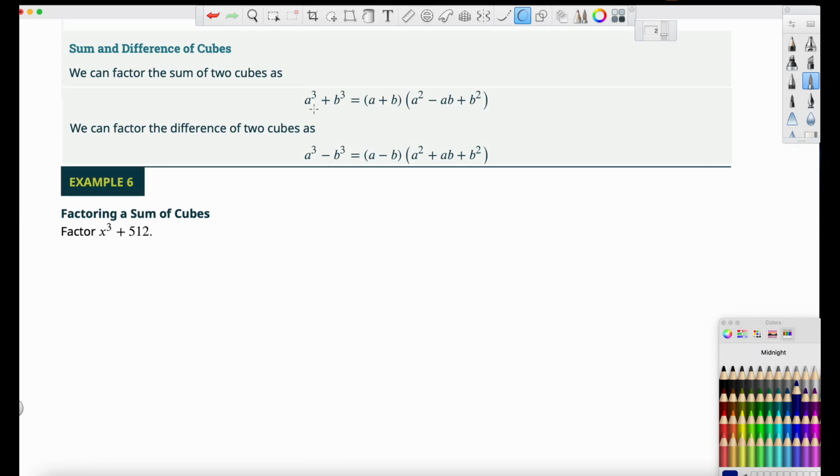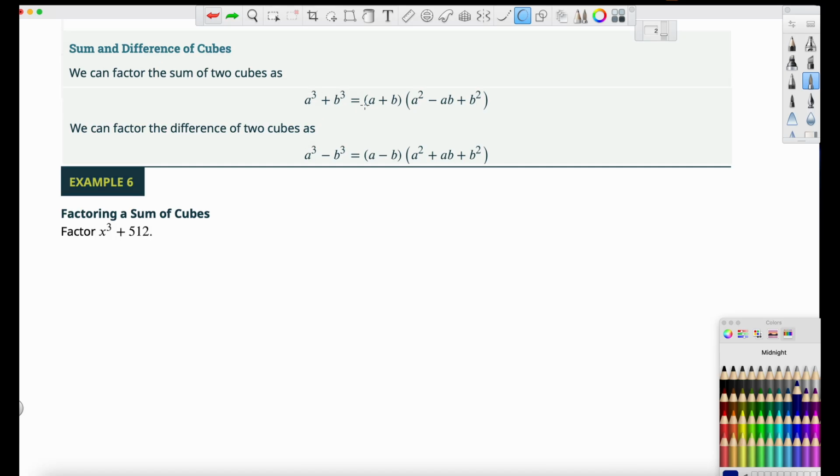And it's going to break down into a binomial times a trinomial for both of these. This is just the pattern, the formula that we're going to use. Notice they look very similar in form, the two different factored forms of the sum and difference of cubes.